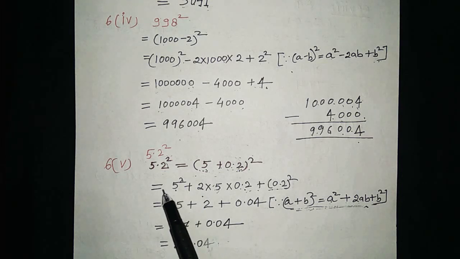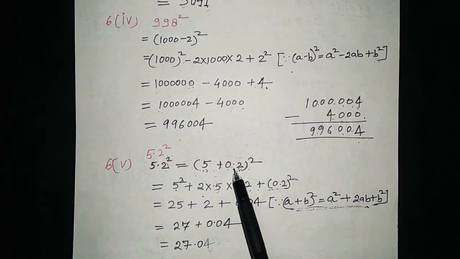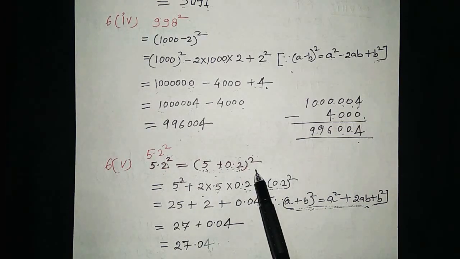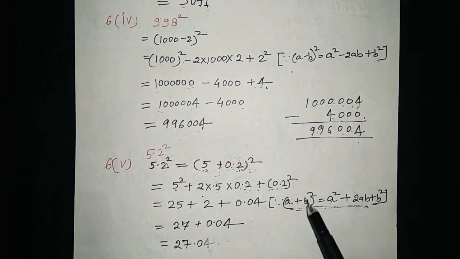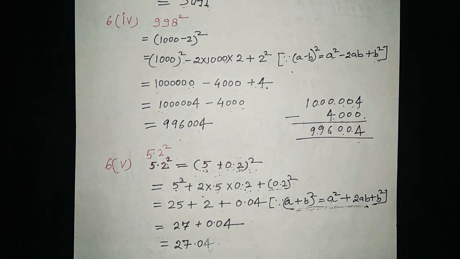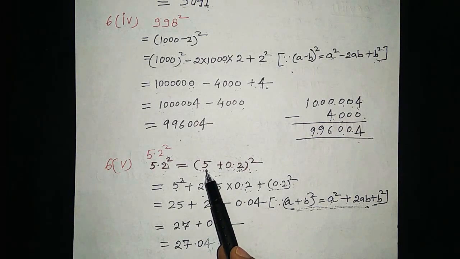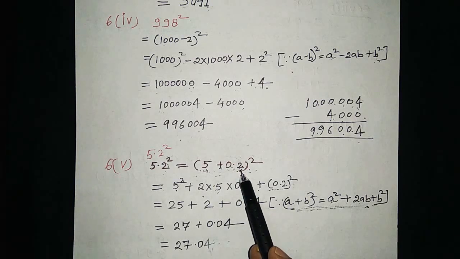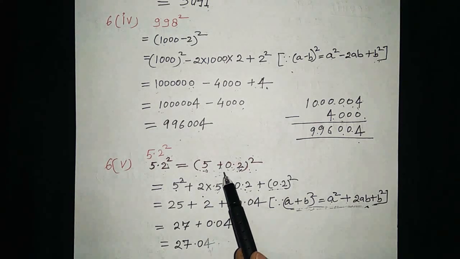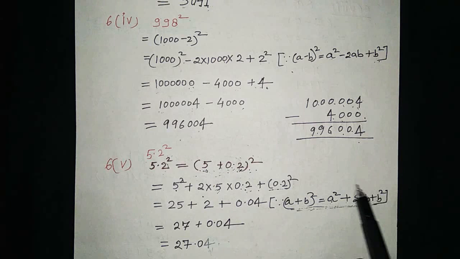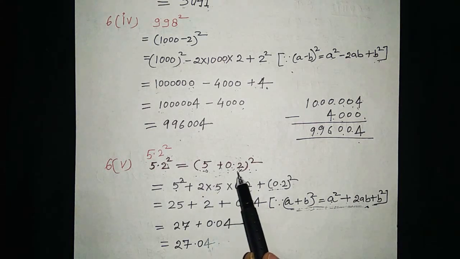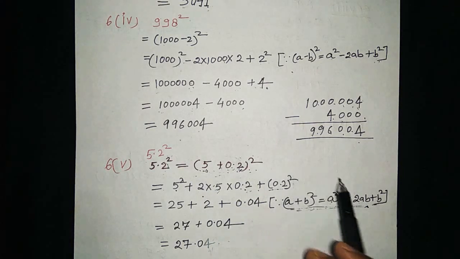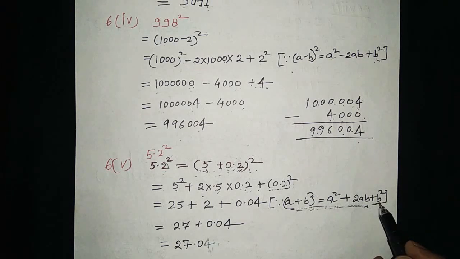Now here a plus b whole square we can use because it is in the form of this. Okay, so first, what is a? A is 5. What is b? 0.2.